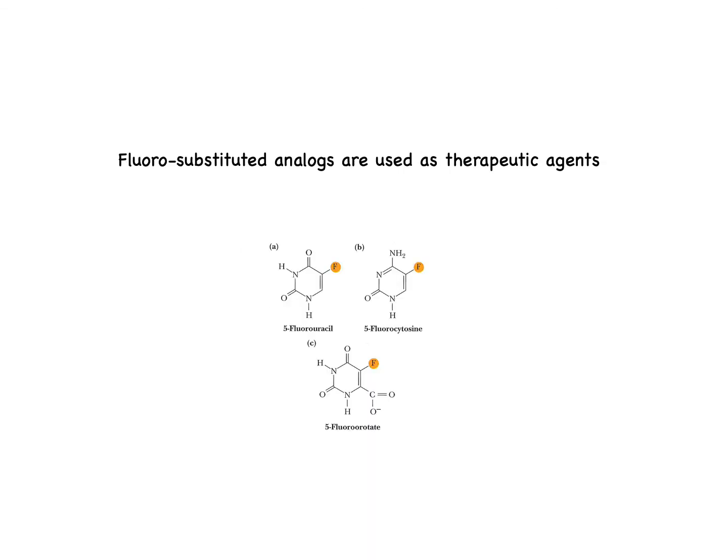We also have analogs of thymidine that inhibit thymidylate synthase and have been used to treat cancer. And here are some examples. The one that's most commonly used is 5-fluorouracil. If you look closely, you'll see that there's a fluorine shown here, the orange circle, where the methyl group generally is in thymidine.